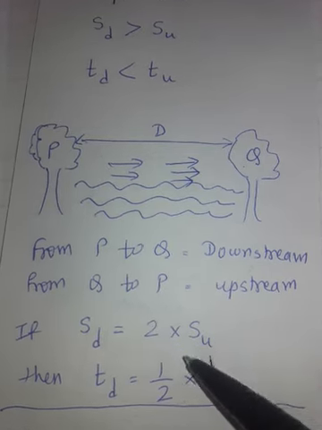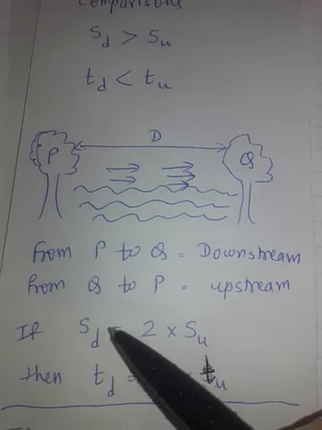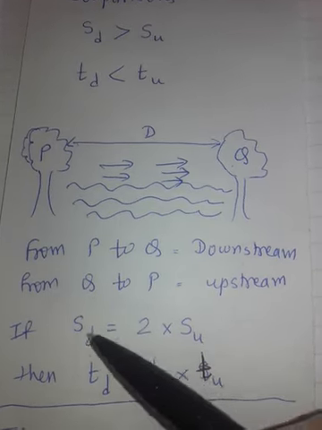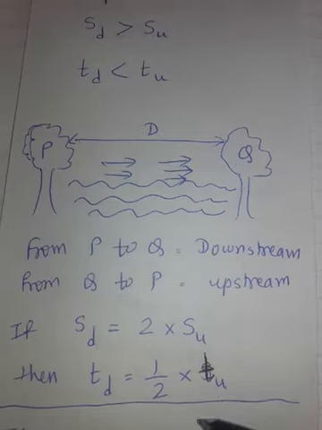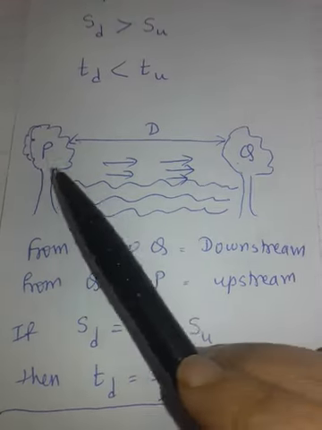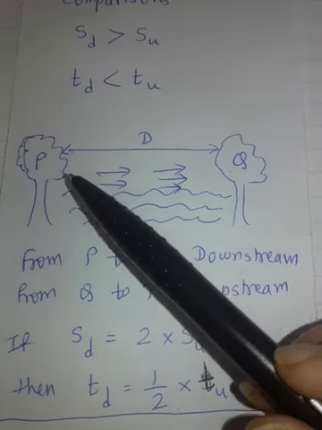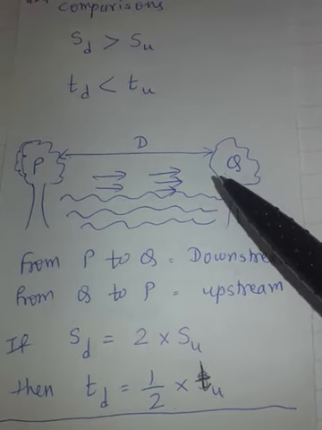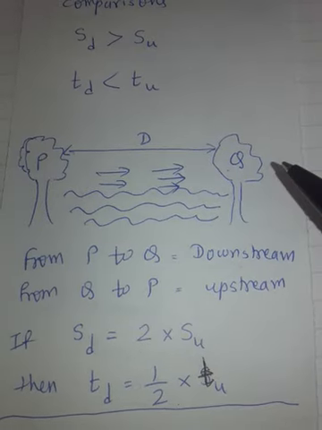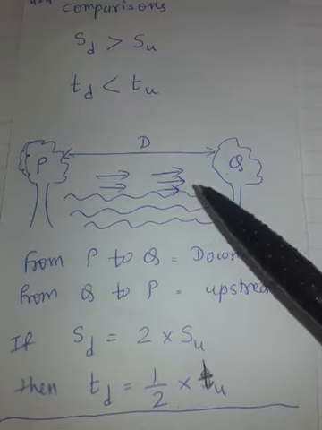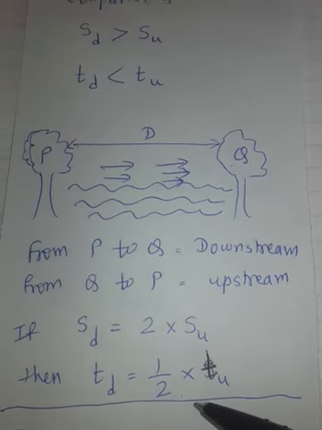If this is 2, this will be half. If speed is double, then time is half; if speed is 3 times, then time is 1/3, because distance is the same. From here to here, if speed is double, then time required will be half. If speed is 3 times, then time required will be 1/3 of upstream.